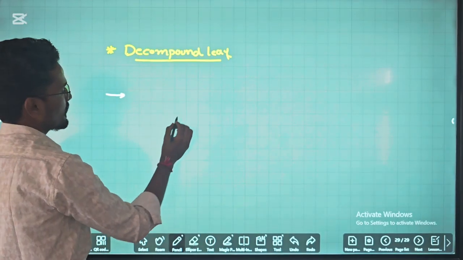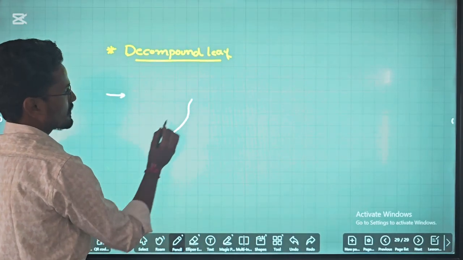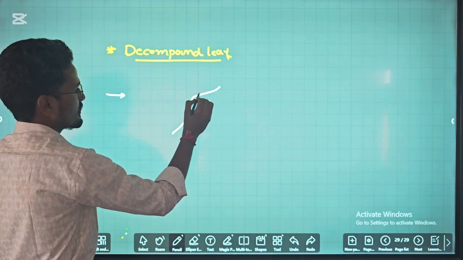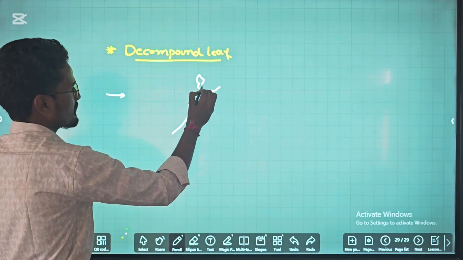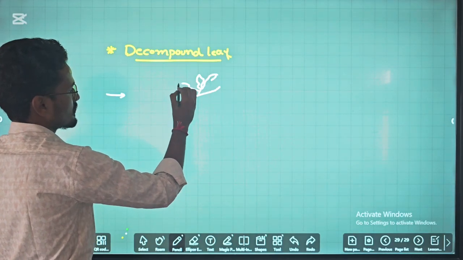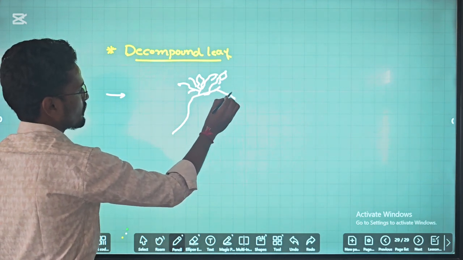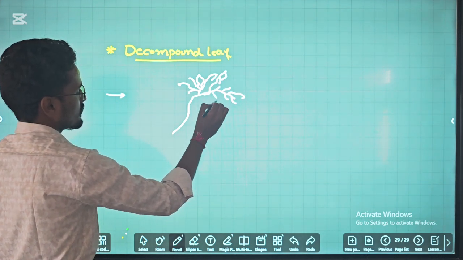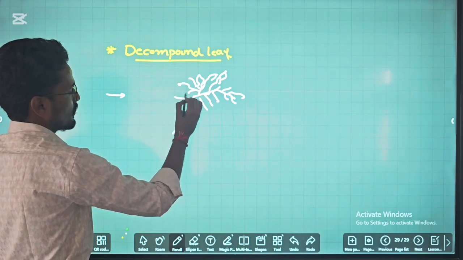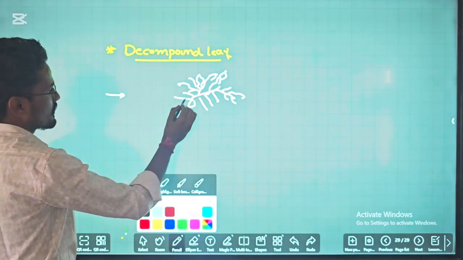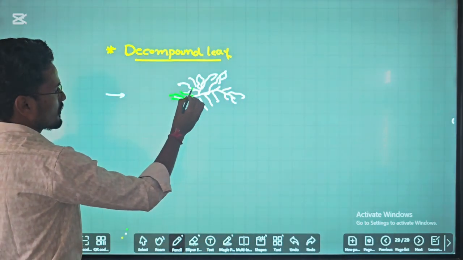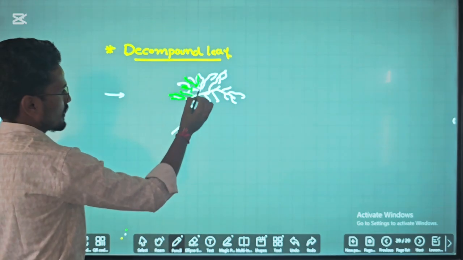So how actually, the main axis is there, and from that axis leaves arise like this. We can't distinguish how the leaves look.